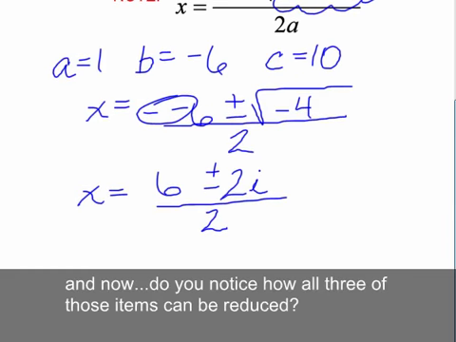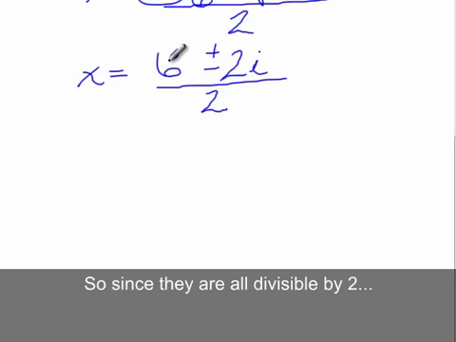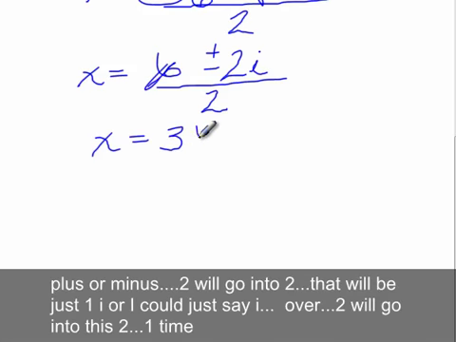And now, do you notice how all 3 of those items can be reduced? All 3 of these are divisible by 2. I can only do this if all 3 of them are divisible by 2. So since they're all divisible by 2, let's see, 2 going into 6, that would be 3 plus or minus. 2 going into 2, that'd be just 1i, or I could just say i, over 2 going into this 2, 1 time.